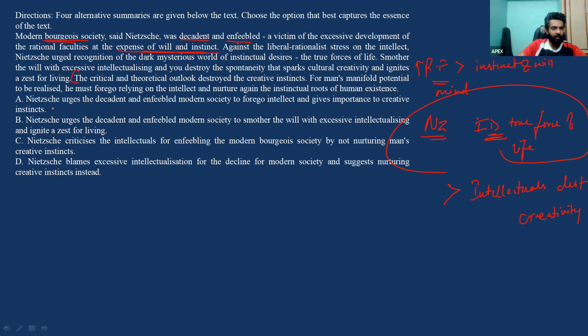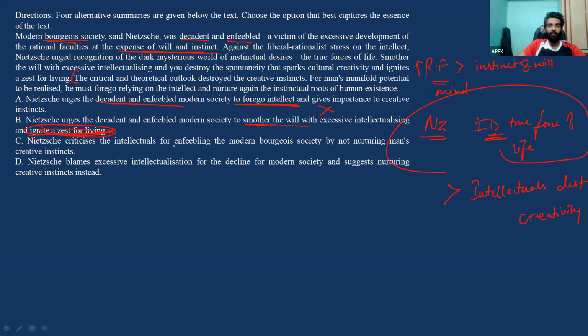Can I say that the decadent and enfeebled modern society should forego intellect? No, he's not saying to forego intellect. Smother the will? He did say that, because we've given up will at the expense of excessive intellectualization. Ignite a zest for living is not given here.